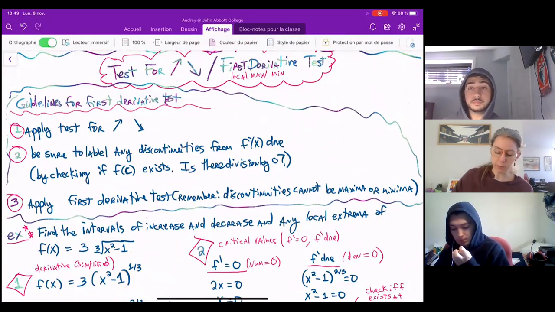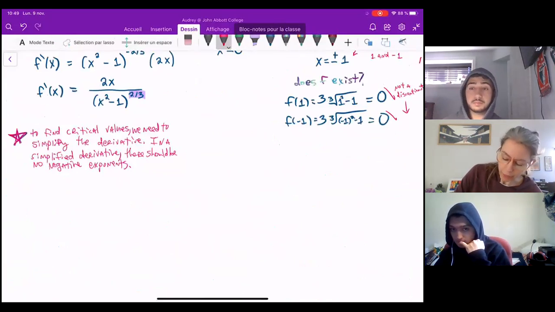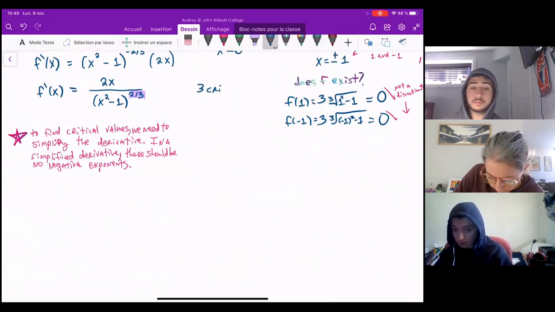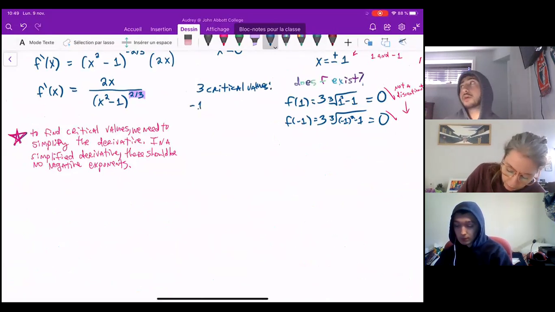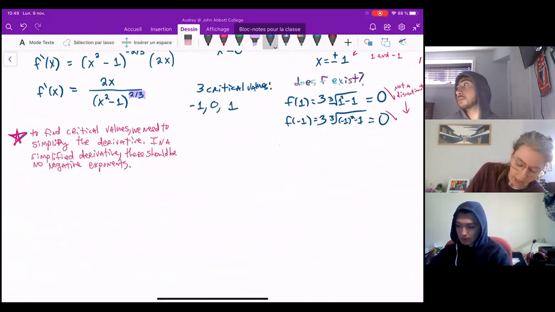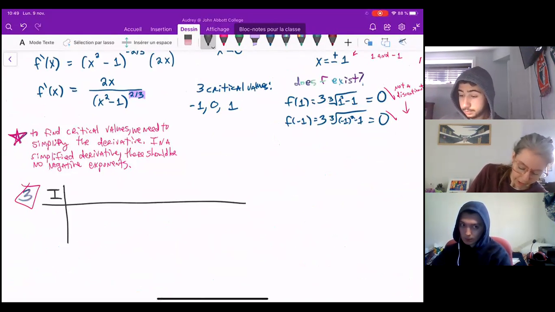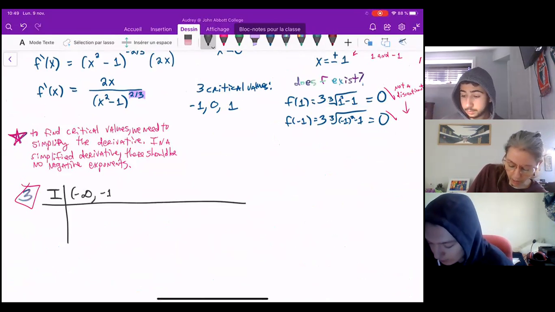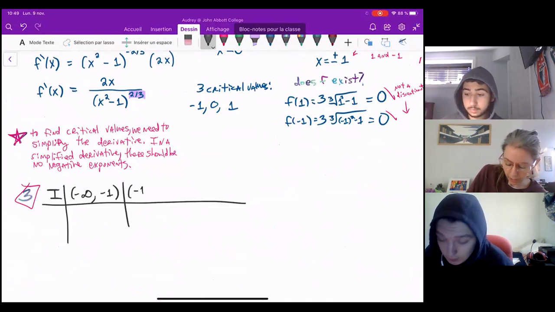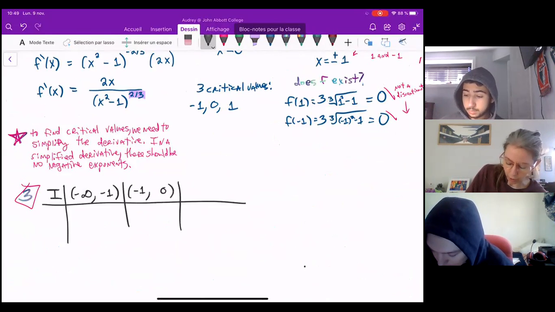Okay, so this brings us to our third step. We have 3 critical values here, and those 3 critical values are negative 1, 0, and 1. And in our third step, that's when we set up our variation table. So we're going to have interval, and I'm just going to write I for interval, and we're separating at all of our critical values.